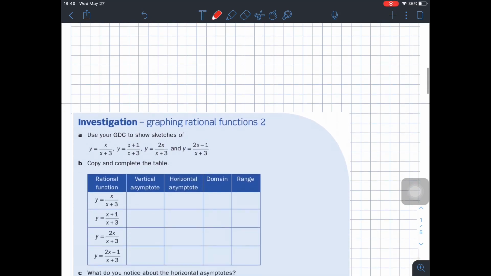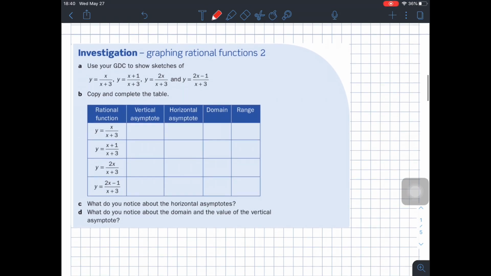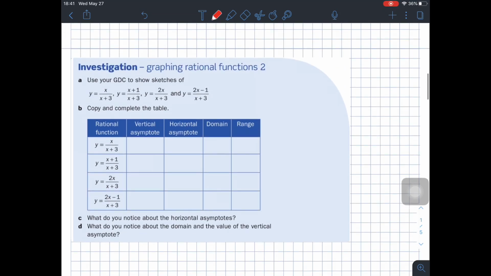Okay, so let's do this investigation just to see what rational functions is about. So it says use your GDC to show sketches of. So we're going to sketch this function, this function, this function, and this function, just like we did in the previous electronic assignment. Okay, so I'm going to graph those functions. The first one, x over x plus 3.